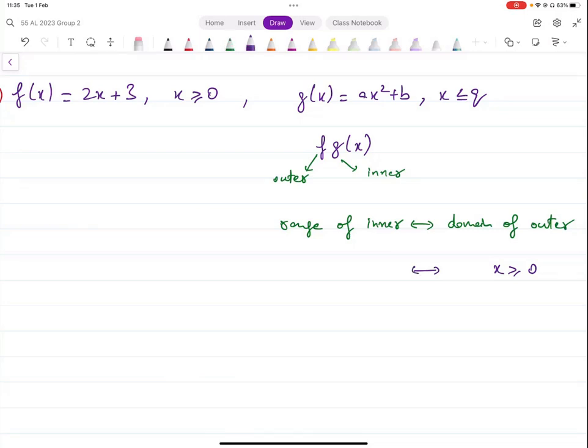That means the range of the inner function, what's the inner function? It's g of x. That should also be greater than or equal to 0. G की domain क्या होनी चाहिए? It should be greater than or equal to 0. Now using this range, you can figure out what this domain should be. Does that make sense?